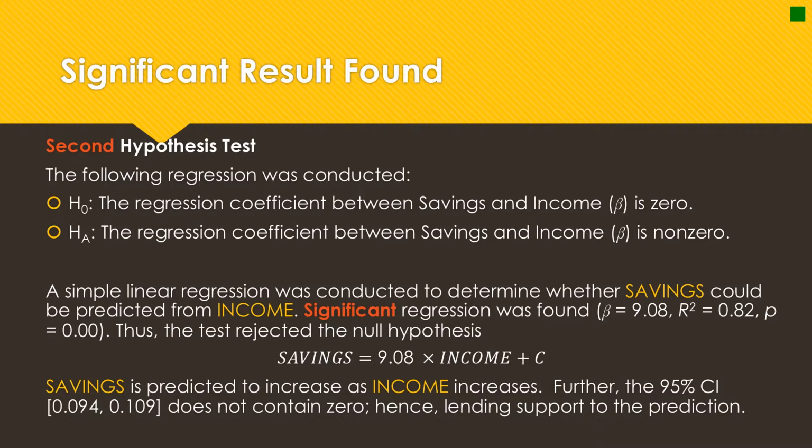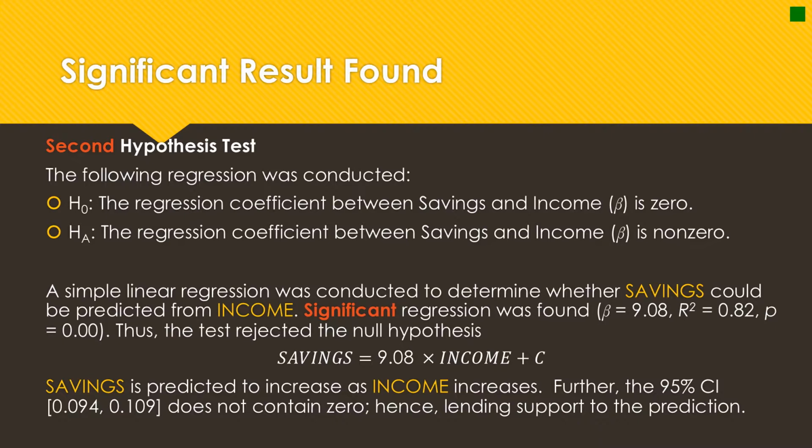So a significant regression was found. Why? Because the p-value is less than 0.05; we found the p-value is 0.00 here. So the equation is y equals beta x plus c, where y is the dependent variable and x is the independent variable. Independent is income here and dependent is savings.